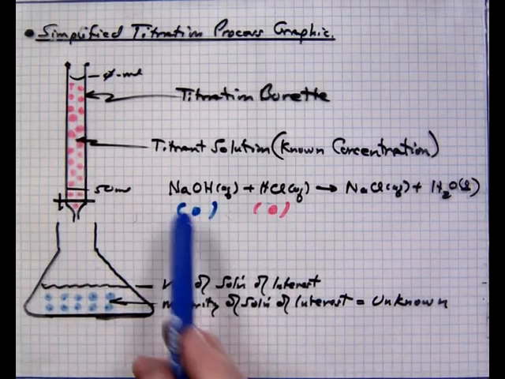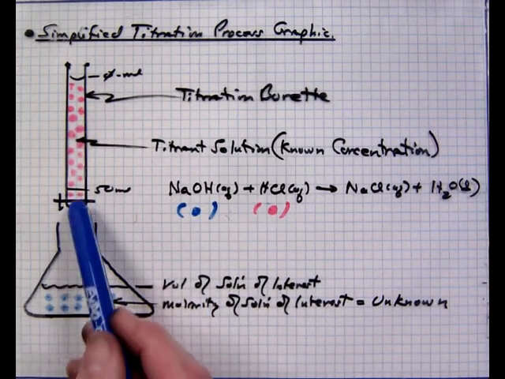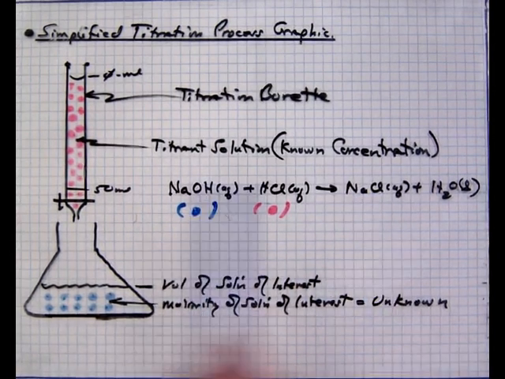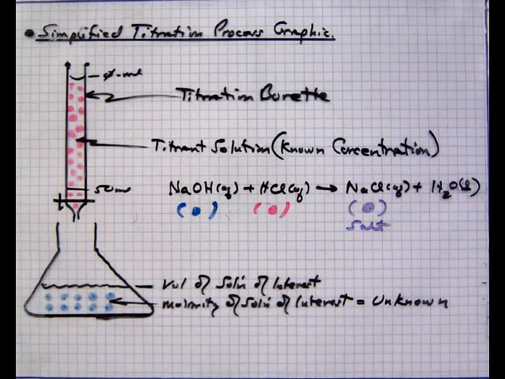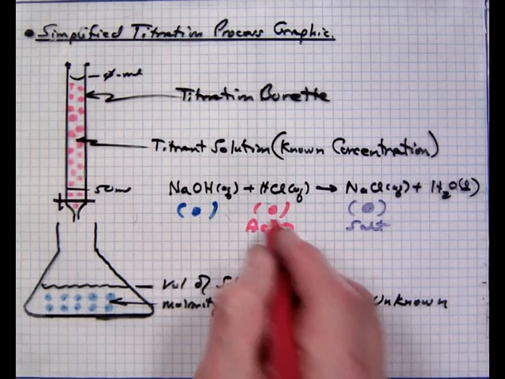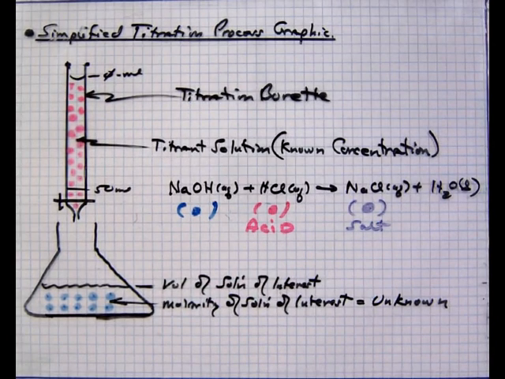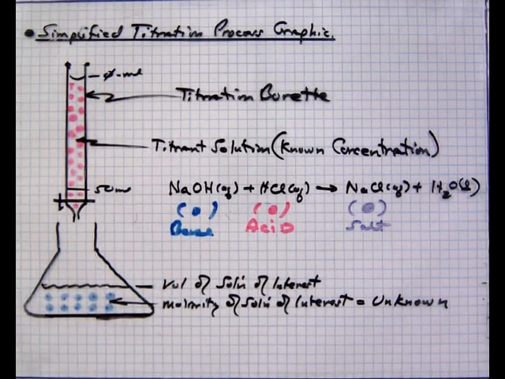Anyway, as the reactions proceed, when a blue dot comes in contact with a red dot, we produce some salt. And let's use, say, a purple color for our salt. As the simplified version goes.